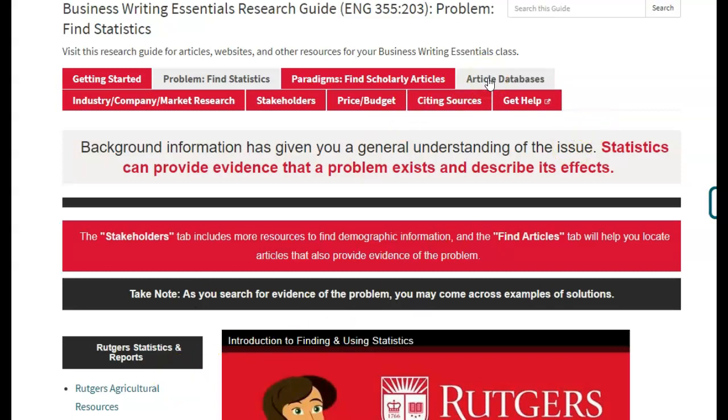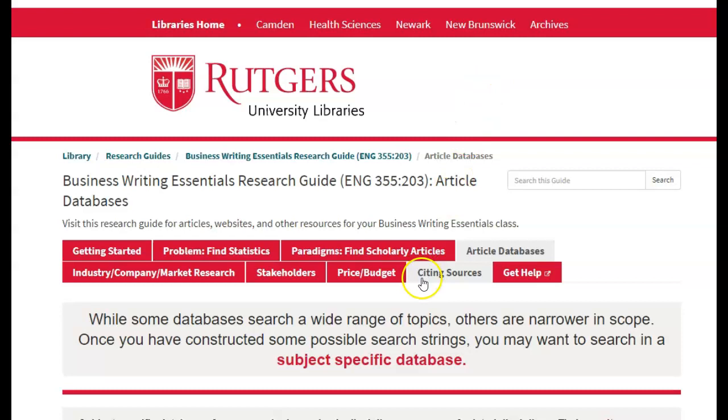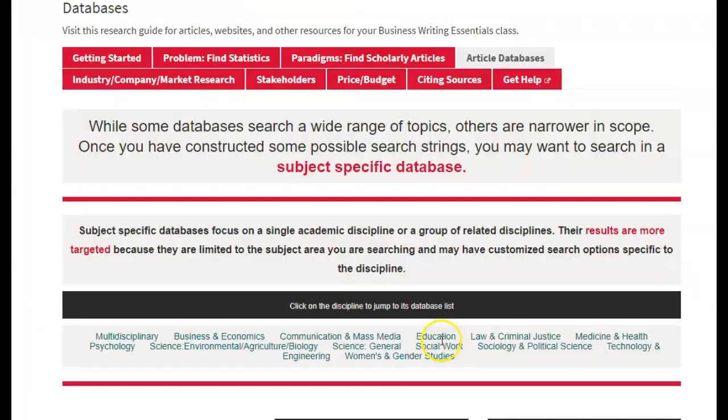But you may find that much of your statistical information comes from the general reading and research that you do on the topic. So we're going to close out by taking a quick look at the article databases in general, and we'll be doing much more specific and specialized work in this as we get a little further on in the semester.